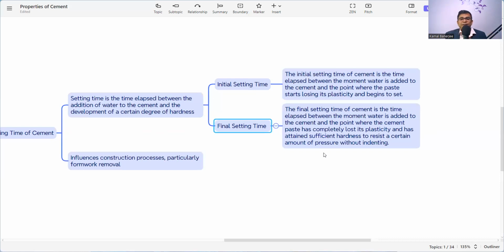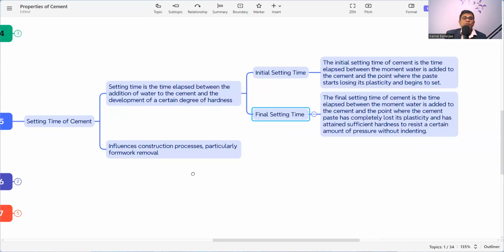Why do we need to know it? We need to start the curing at that time, because if we don't do the curing after that, there will be chances of moisture loss, and if there is moisture loss, strength and durability cannot be achieved. So the setting time is very crucial, both initial and final.